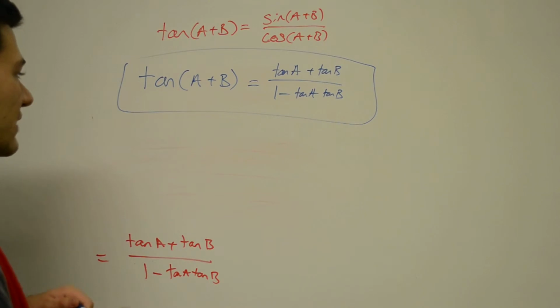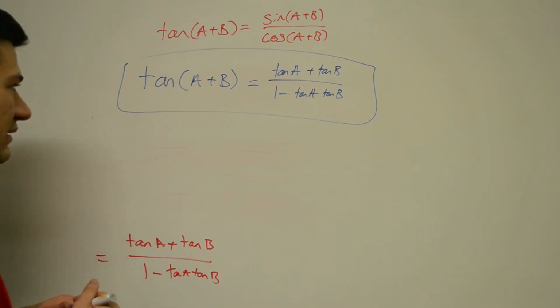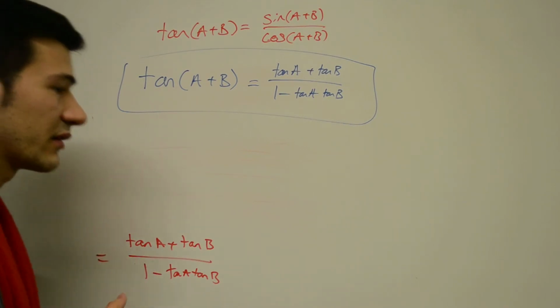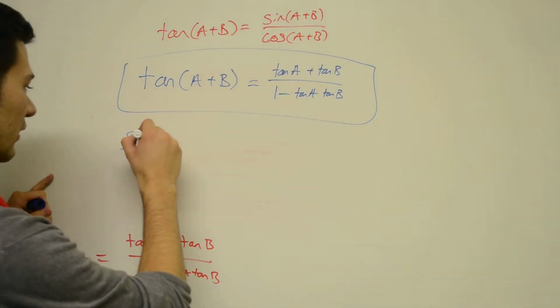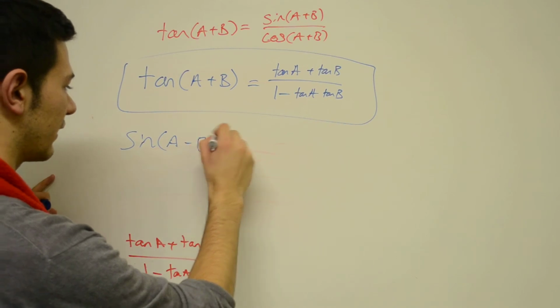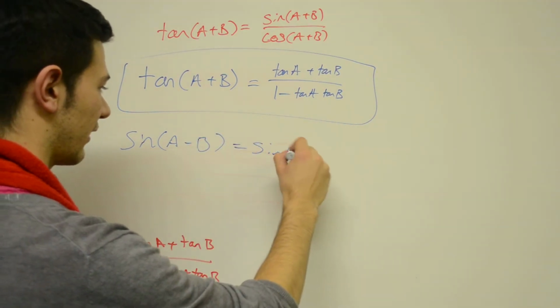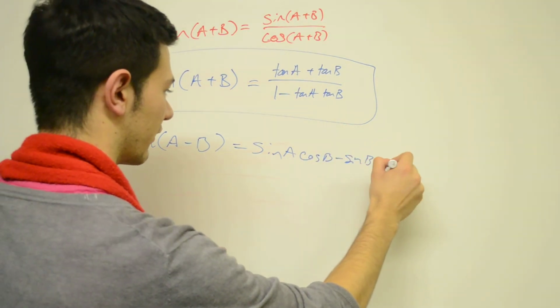It actually turns out that with sine and cos, the sign switches on them if you have a negative sign. So for example, sine a minus b is the same thing with the minus sign: sine a cos b minus sine b cos a.